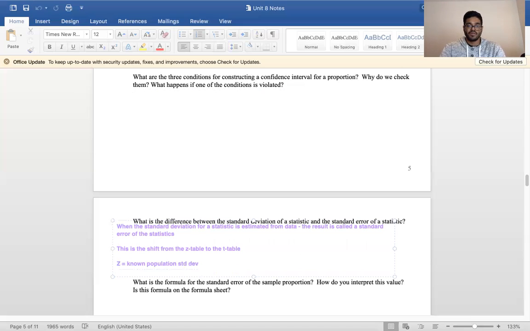So then we reference this with the standard deviation of the statistic, right? And then we have T, which is equal to the estimated standard deviation from the sample. This is called your standard error.